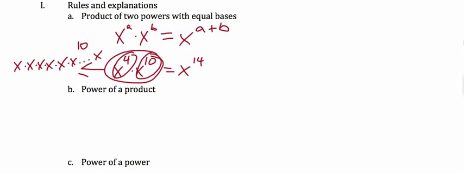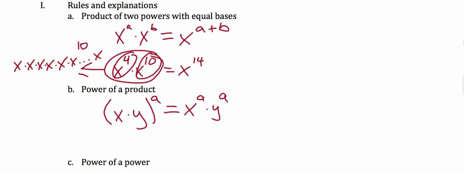Hopefully that makes sense. The power of a product. Okay? If you have x times y to the a power, you get x to the a times y to the a.